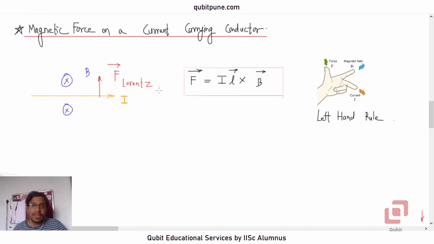Now in some cases, the conductor is not straight. If it is a curved conductor, in that case we have to integrate this expression. So the elementary length dl bar is now taken, and we are supposed to integrate this over the length.